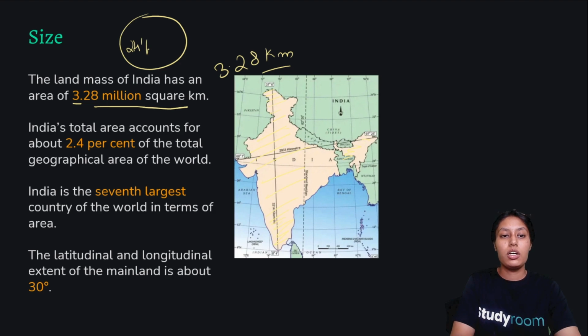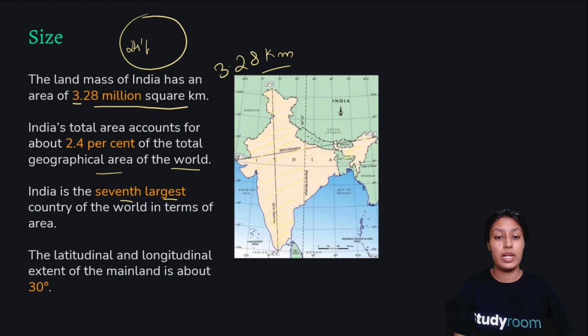This is just a geographical area of 2.4% of the world. Although India is such a big country that it is the 7th largest country in the world in terms of area, it still holds just 2.4% of the land.